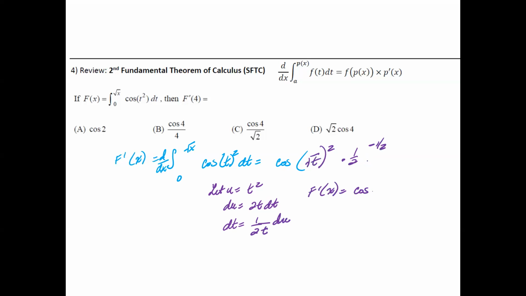T. Okay, so then cosine x times 1 over 2 square root x, which is f prime of 4, is going to give me cosine 4 times 1 over 2 square root of 4, which is the same thing as cosine 4 over 2 times 2, which is just cosine 4 over 4. And that's going to give you b.